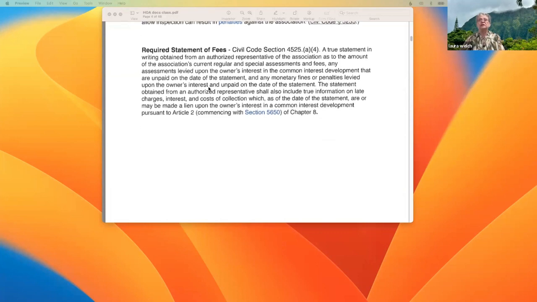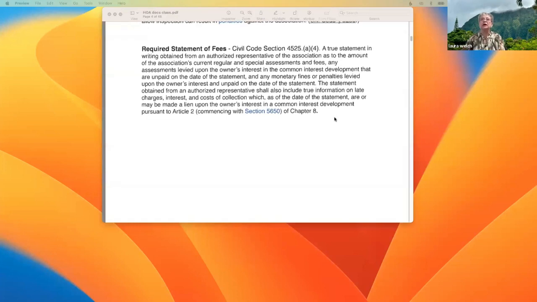Okay, this required statement of fees. We want to find out, is anything owed? How much are the current fees? Are they going to be doing an increase? And is there any past due funds that need to be paid, things like that?